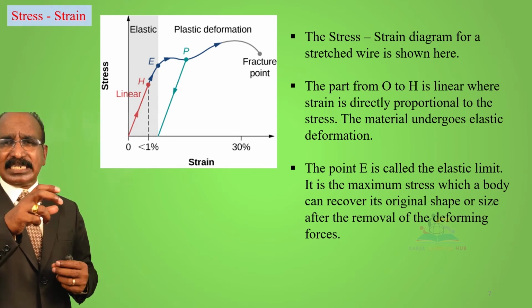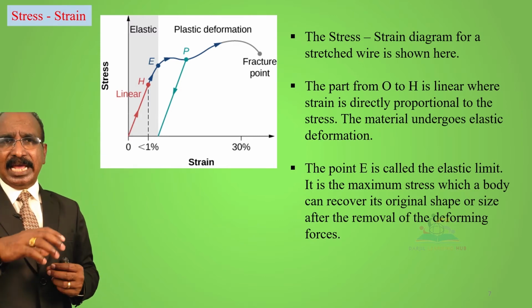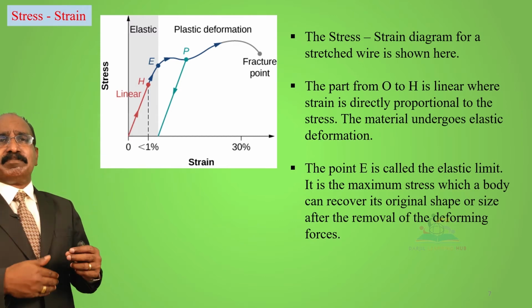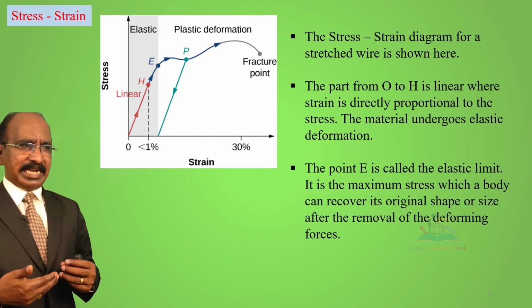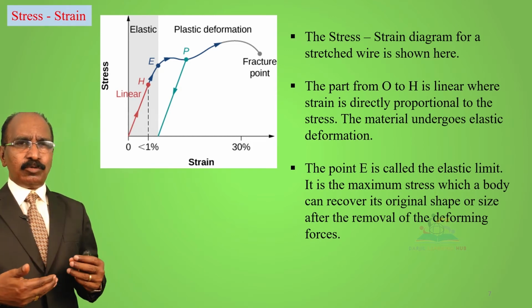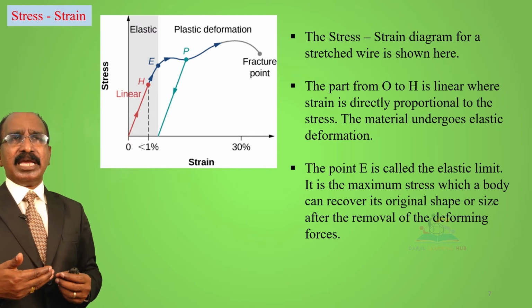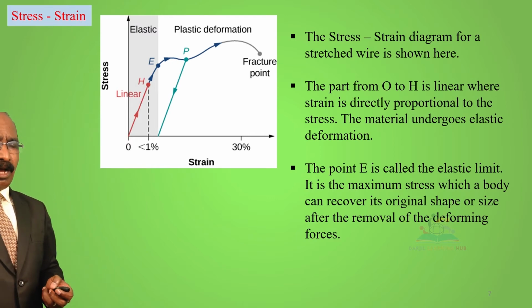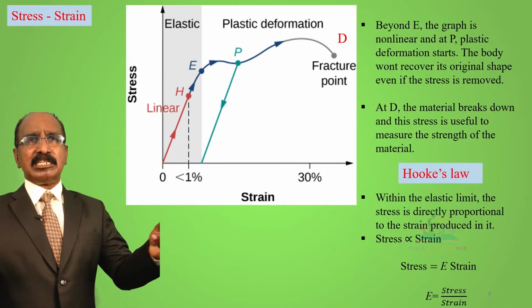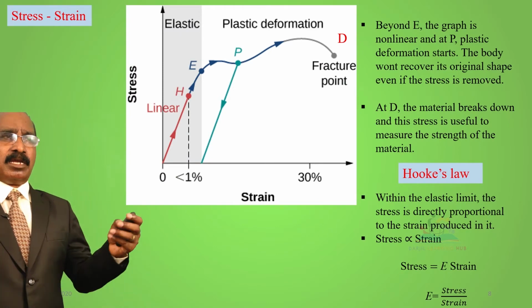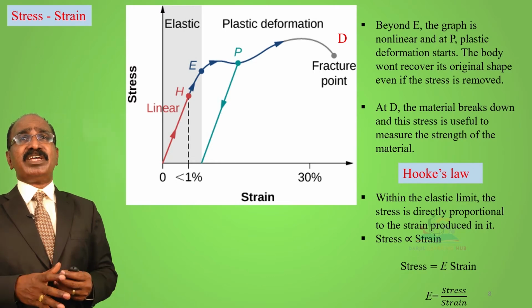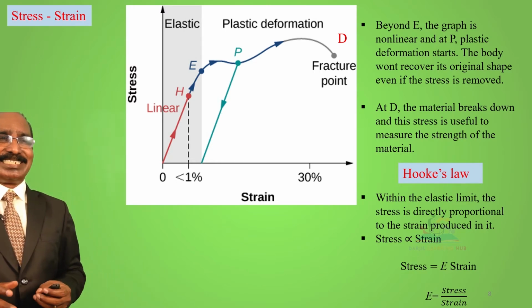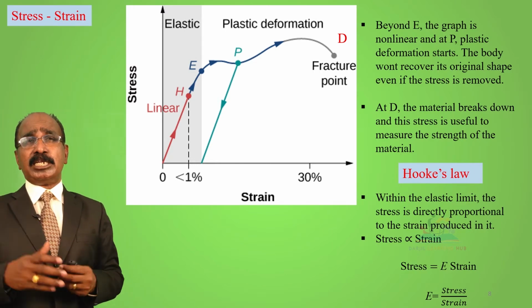Therefore, we call that the transition region, and that will be the plastic region. And after P also, this is in the plastic region, or plastic deformation starts. The body won't recover its original shape or size even if the stress is removed.